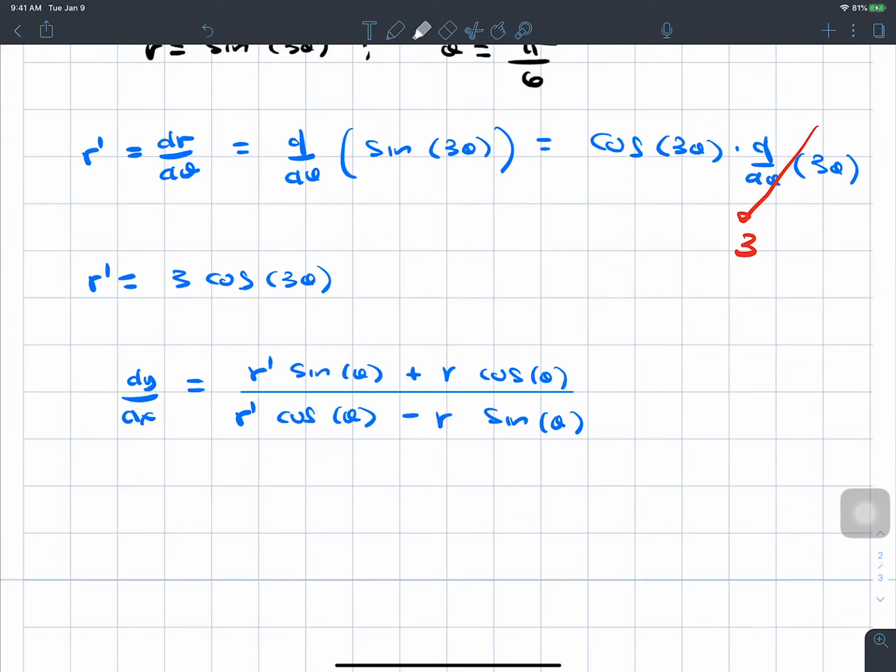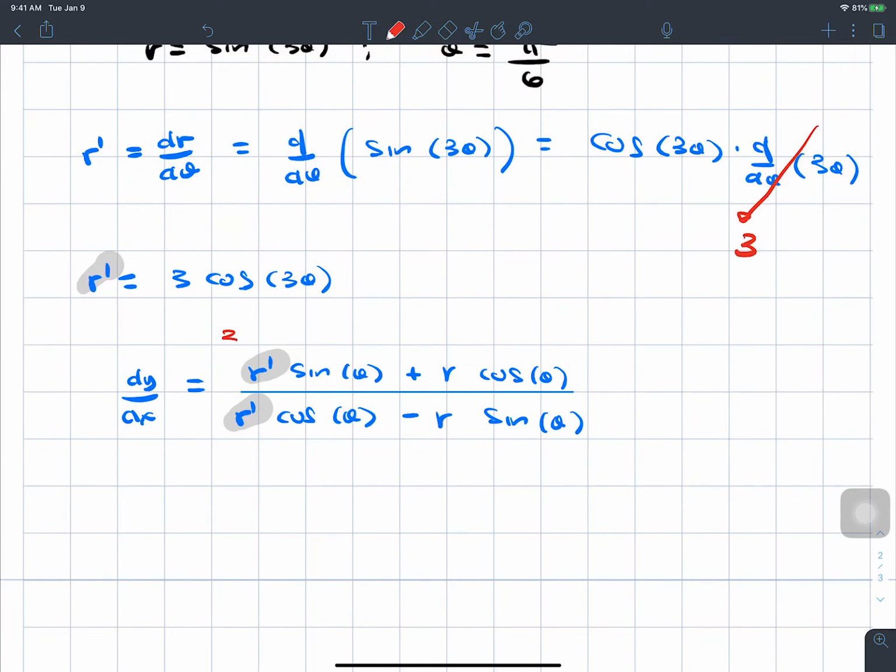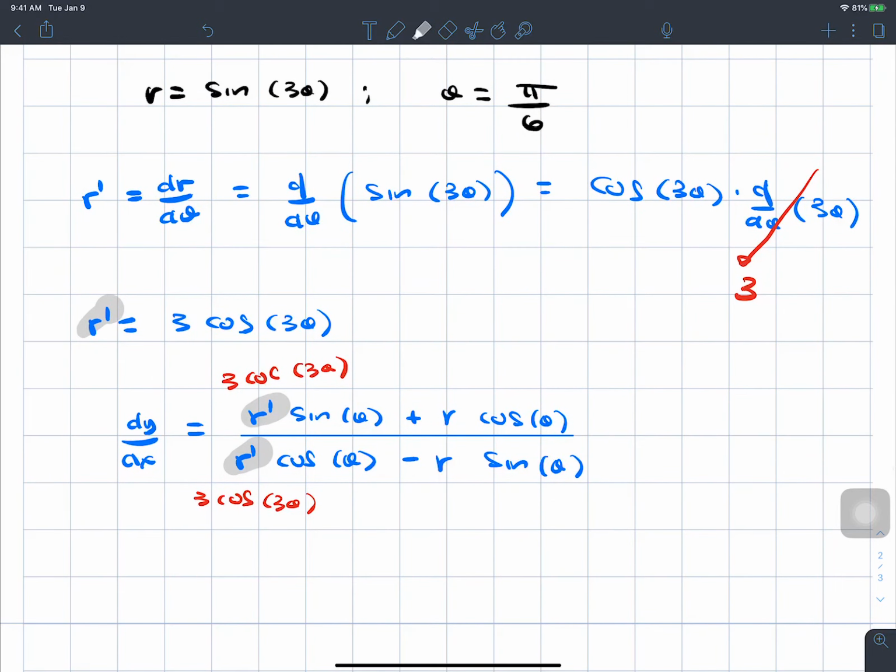You already have your r prime, and that's where we replace it here. It is 3 cosine 3 theta. In this case, r is sine 3 theta, so we replace that with sine 3 theta.